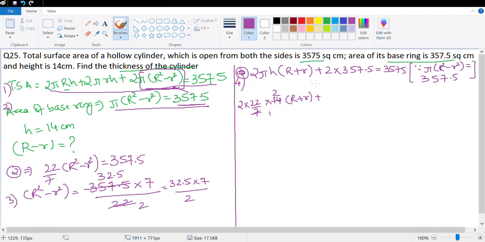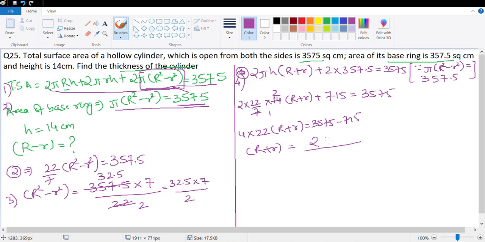That's 715, is equal to 3575, which means 4 into 22 times (R plus r) is equal to 3575 minus 715, which means R plus r would be equal to 3575 minus 715, which is 2860, divided by 4 into 22. That's the calculation.